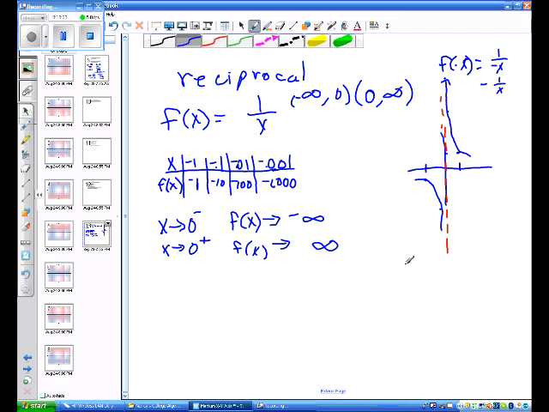Now, that tells us what we're doing as we get close to 0. But now we want to know, well, what are we doing as we go out here? As x gets smaller and smaller, what's our graph doing? And the same thing on the other side. As x gets bigger and bigger, what's our graph doing? So as x is going toward infinity, negative infinity, we want to see, well, what's happening?